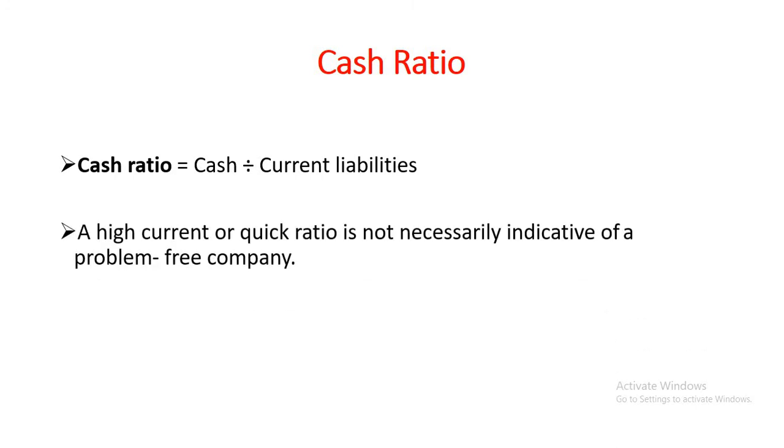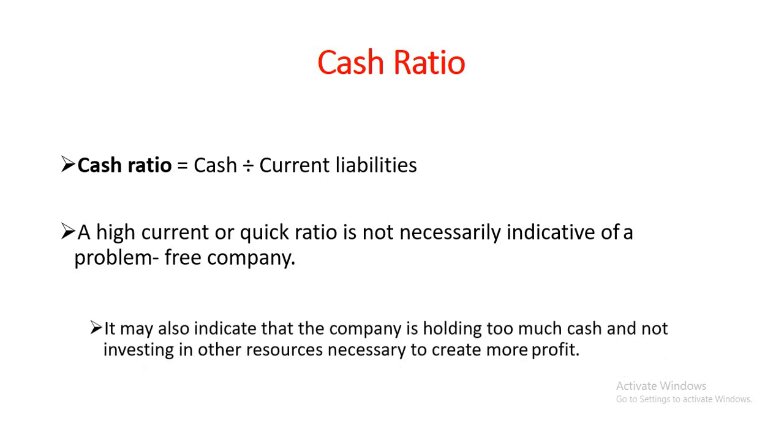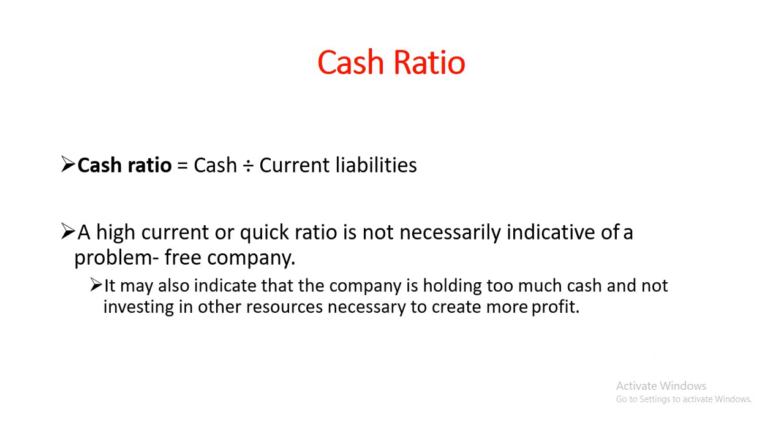A high current or quick ratio does not indicate that the business is problem free or does not have any liquidity or financial problem, because a high current ratio or quick ratio also indicates that the company is holding too much cash and current assets, and the company is not investing its resources properly to create more profit for the shareholders.